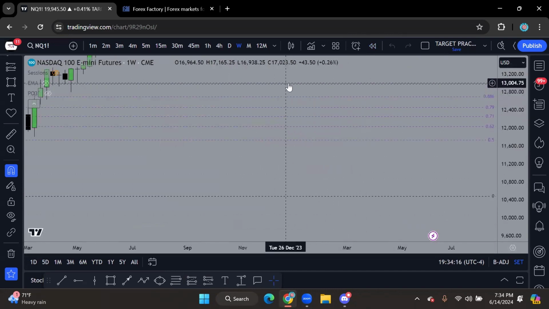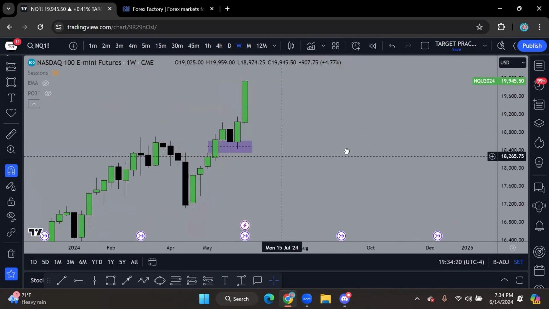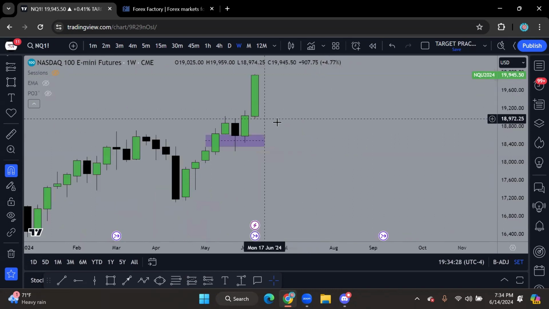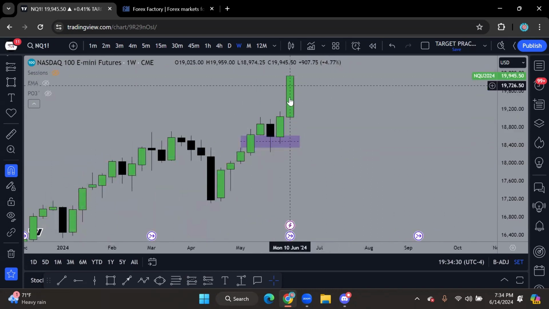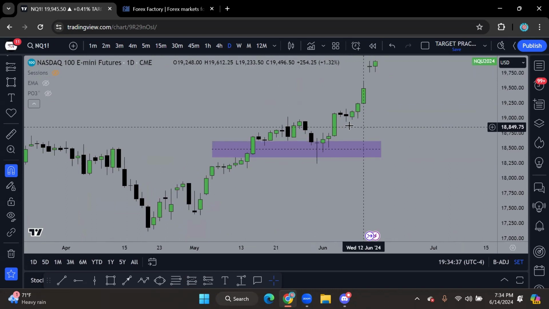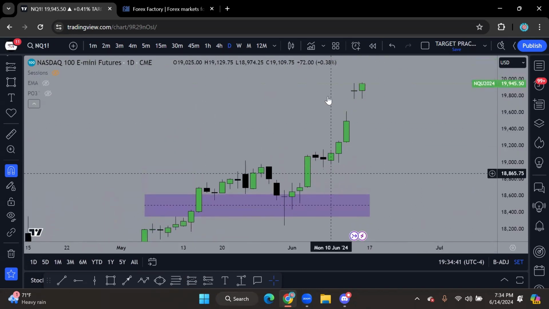So moving forward, going back into this week's price action, as we can see in hindsight now, today is Friday, June 14th, 2024. Today was the last day of this week, and we see the market strongly bullish. Now let's go into each individual day and see where you could have found profitability.